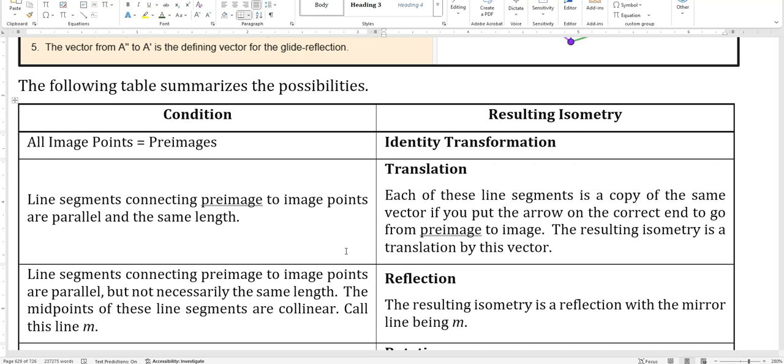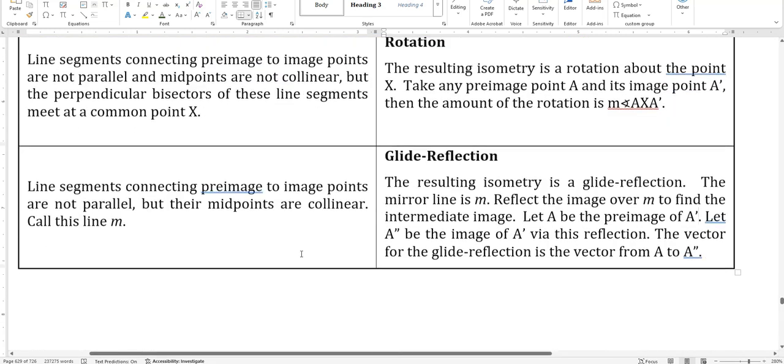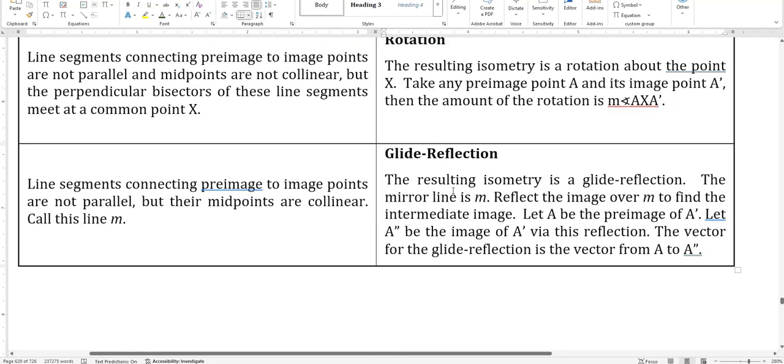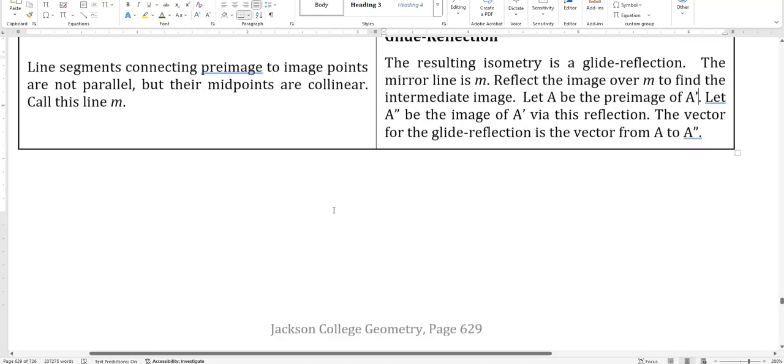Or if it has a high degree of symmetry, there are certain cases where there might be more than one way of getting there. But in general, say if it's a scalene triangle, exactly one of these 5 cases will be what happens. So that's how you can tell which one it is.